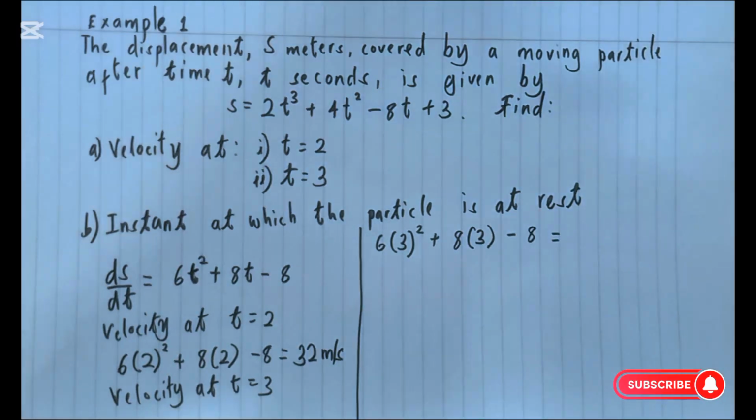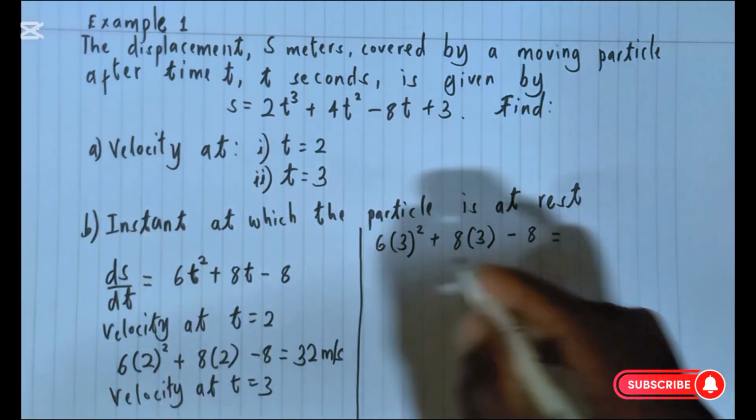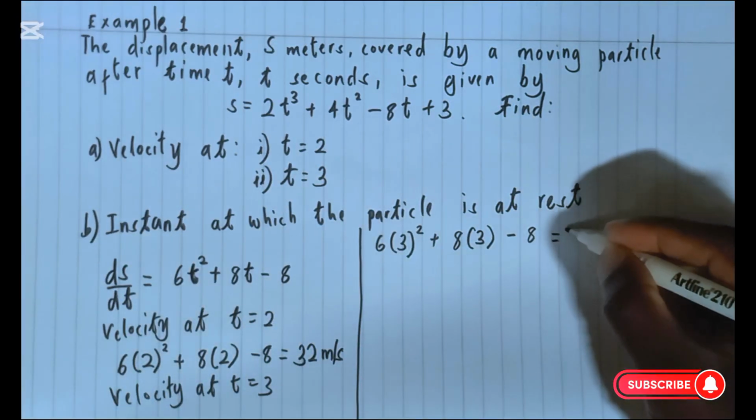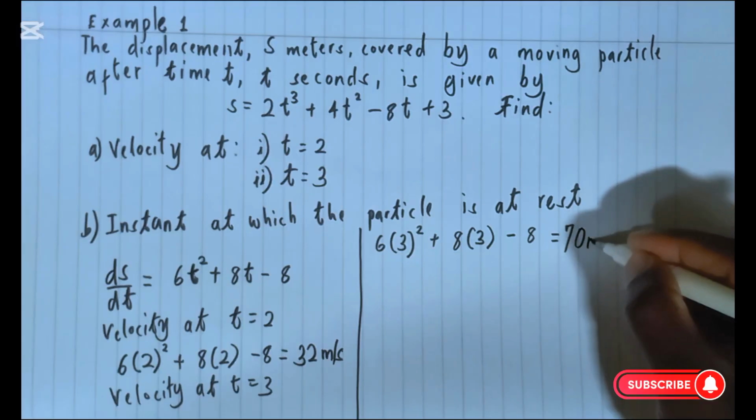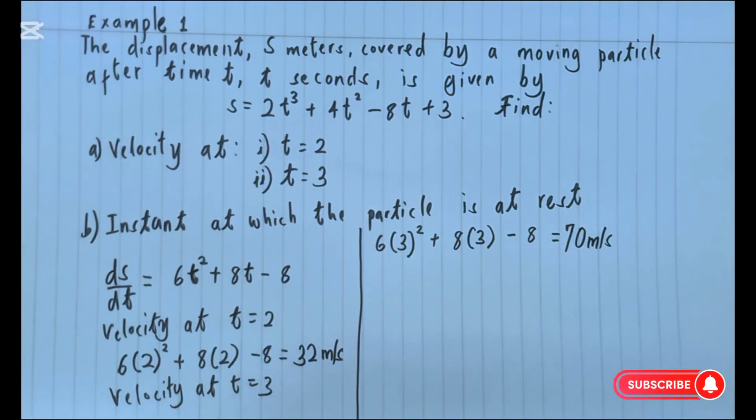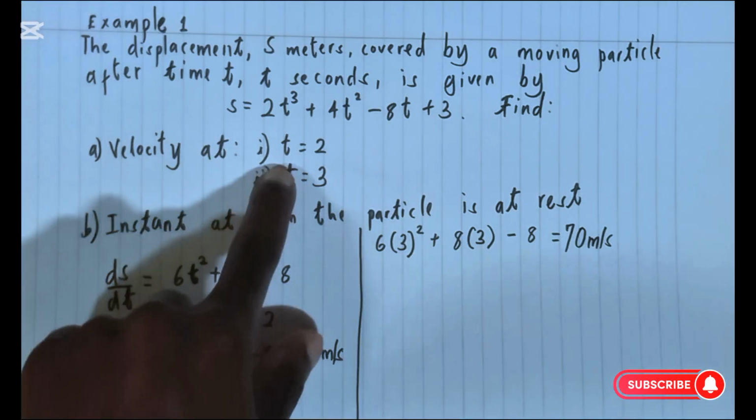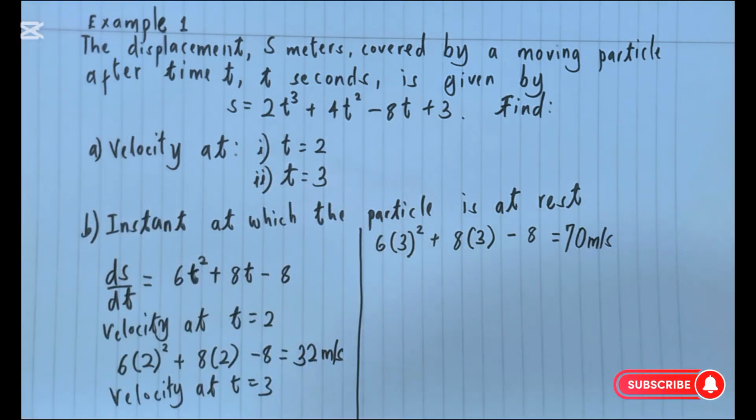When you do that in your calculator, you get that the velocity at t equals 3 is 70 meters per second.